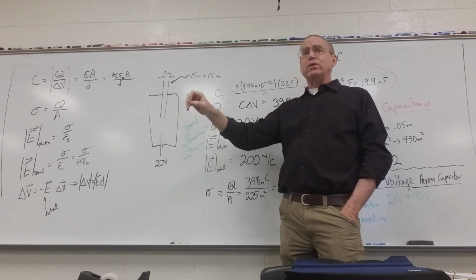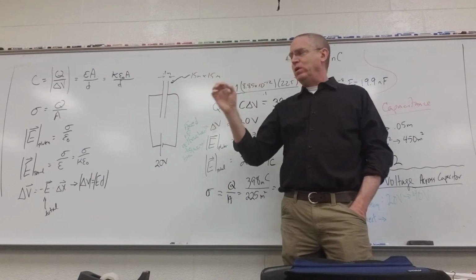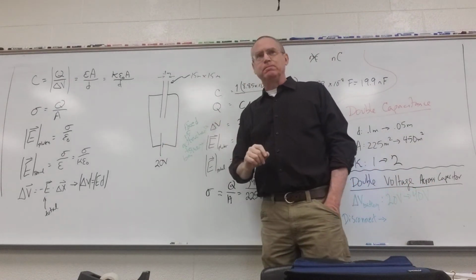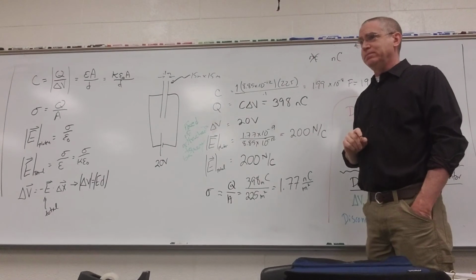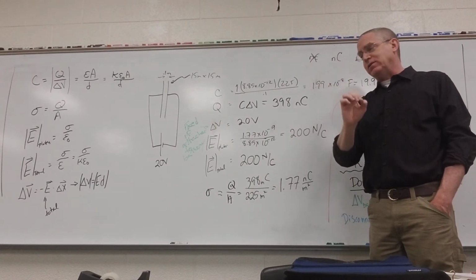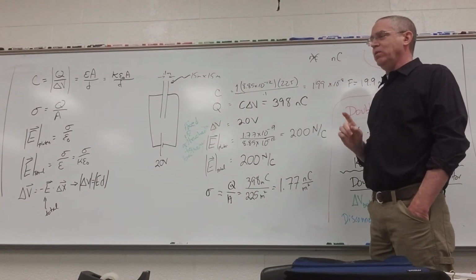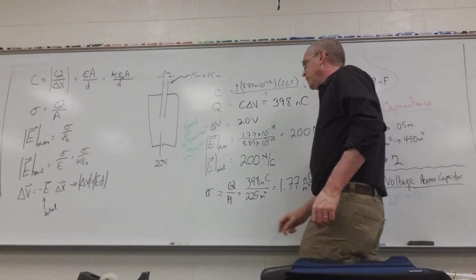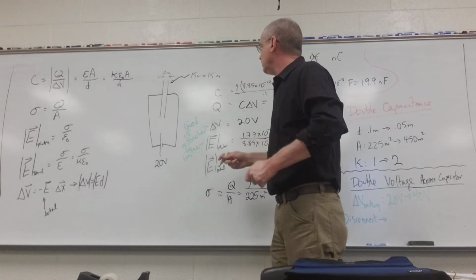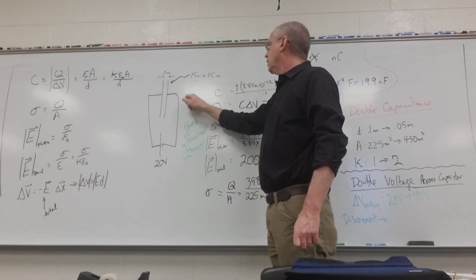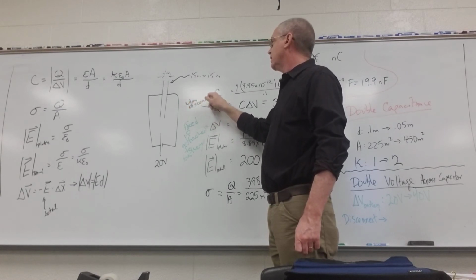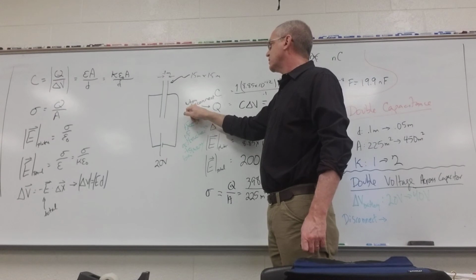But on the board problem, we're going to assume that we have that ideal disconnection, that we will be able to disconnect so quickly that we are not going to discharge. Therefore, given our nice ideal disconnect from the battery, what will now be fixed? Yes. So when disconnected, charge is fixed.